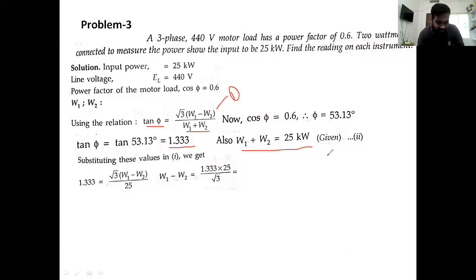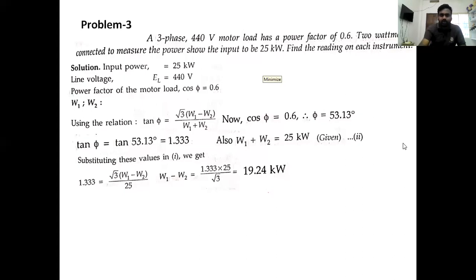Anyone got similar answers? I myself got 19.2 kilowatts. 246 got 19.240 kilowatts. Let me check the answer. That is 19.24 kilowatts. 257 also got 19.24 kilowatts. Right, it's correct.